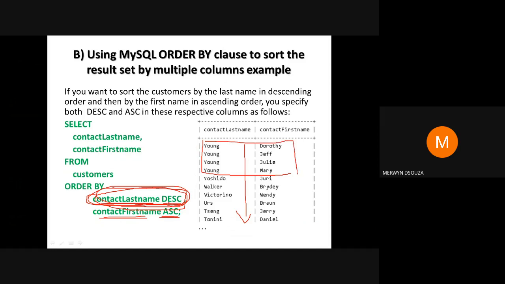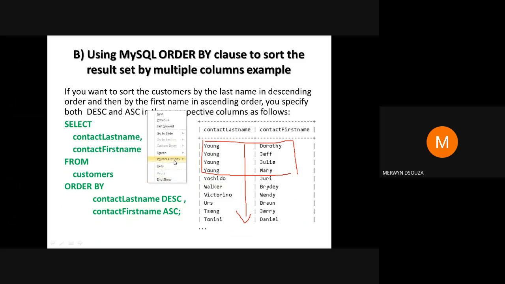The first names are then displayed in ascending order. So here these are the first names: Dorothy, Jeff, Julie, and Mary. Within this group, these names are displayed in ascending order.